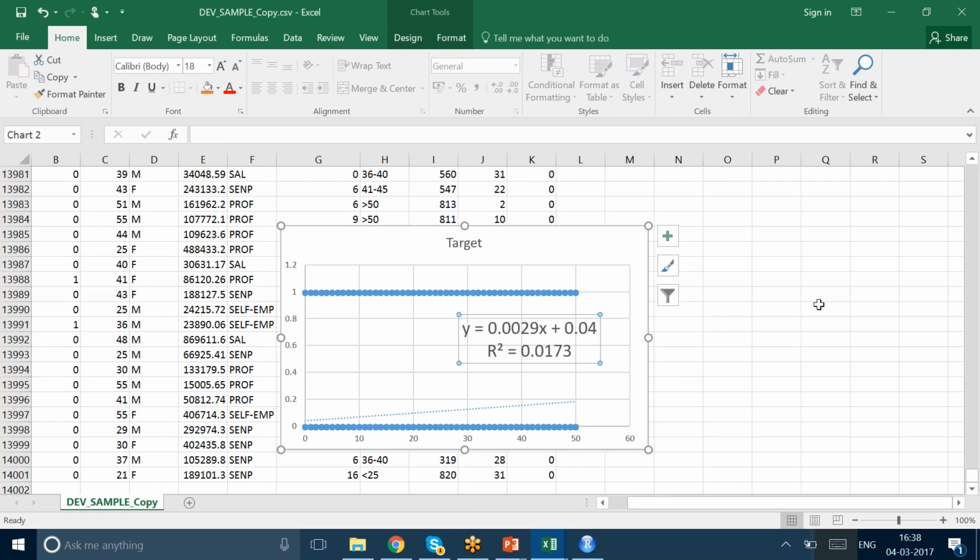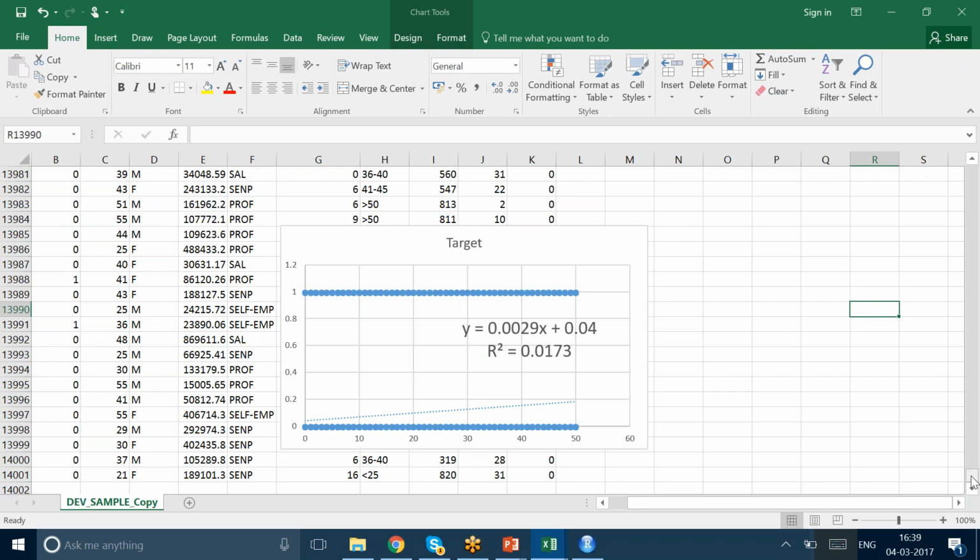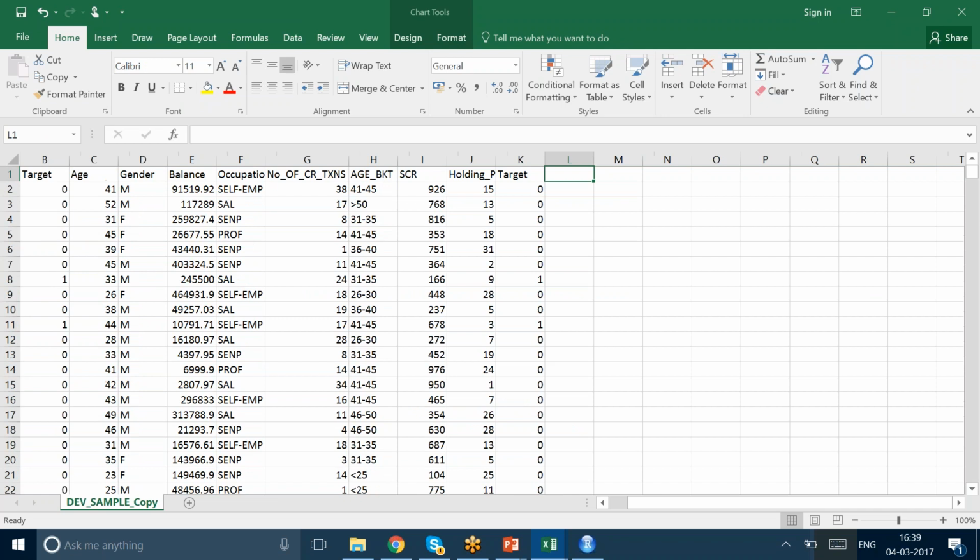What I have done is, with target and number of credit transactions, I've got the linear equation. So my equation is 0.0029 times x, that is number of credit transactions, plus 0.04. With that I can predict the value of y.